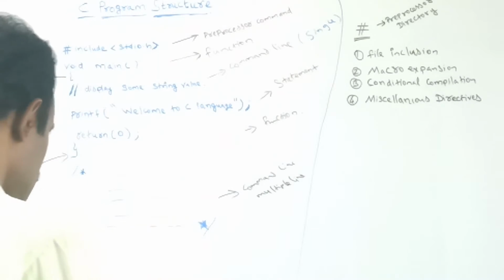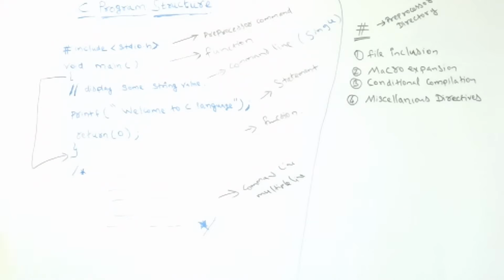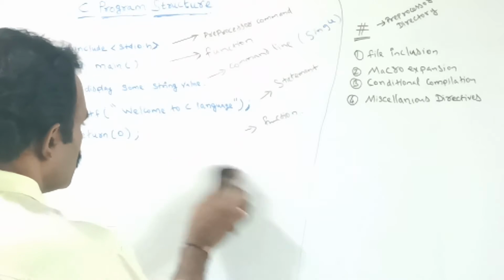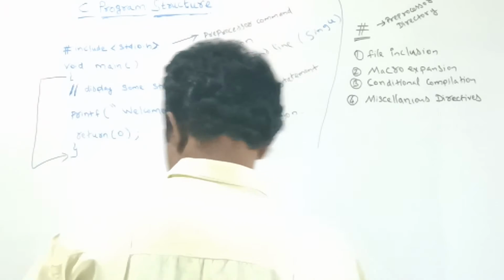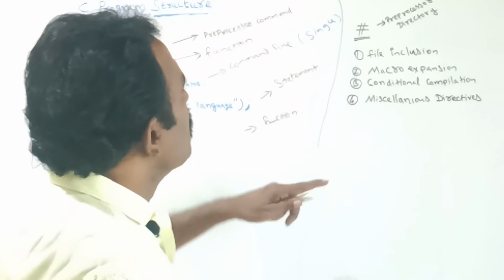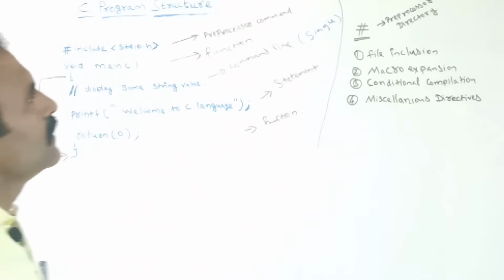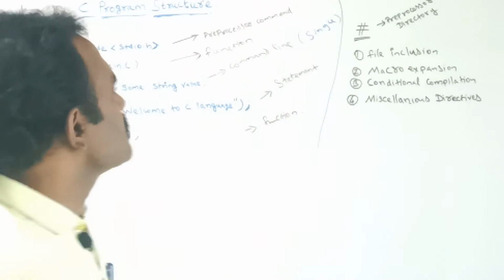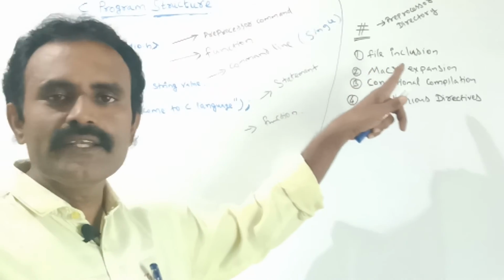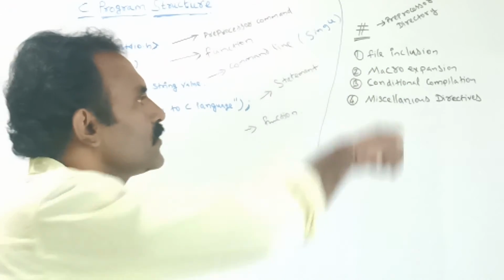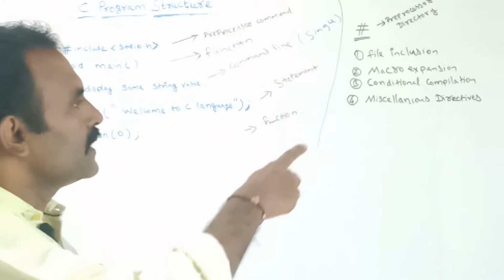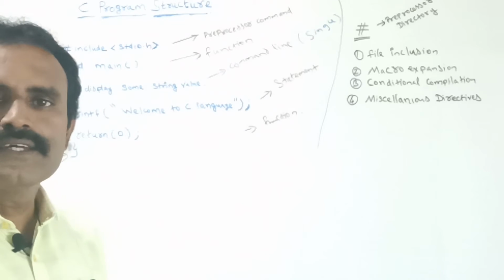Here let us see the first one, that is file inclusion. The preprocessor directives contain 4 parts. First one is file inclusion, second one the macro expansion, third one conditional compilation, and fourth one miscellaneous directives.